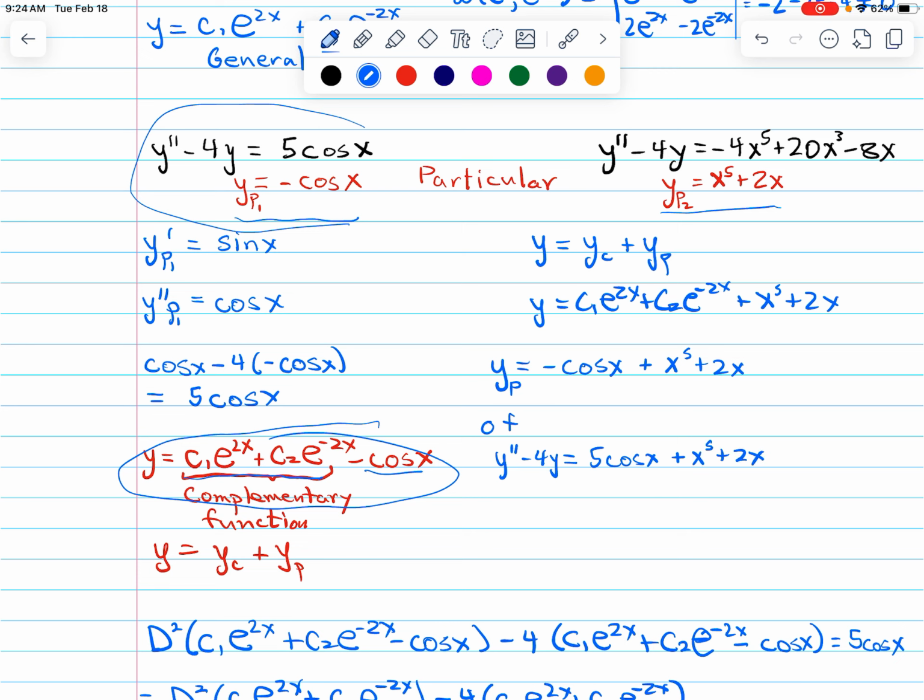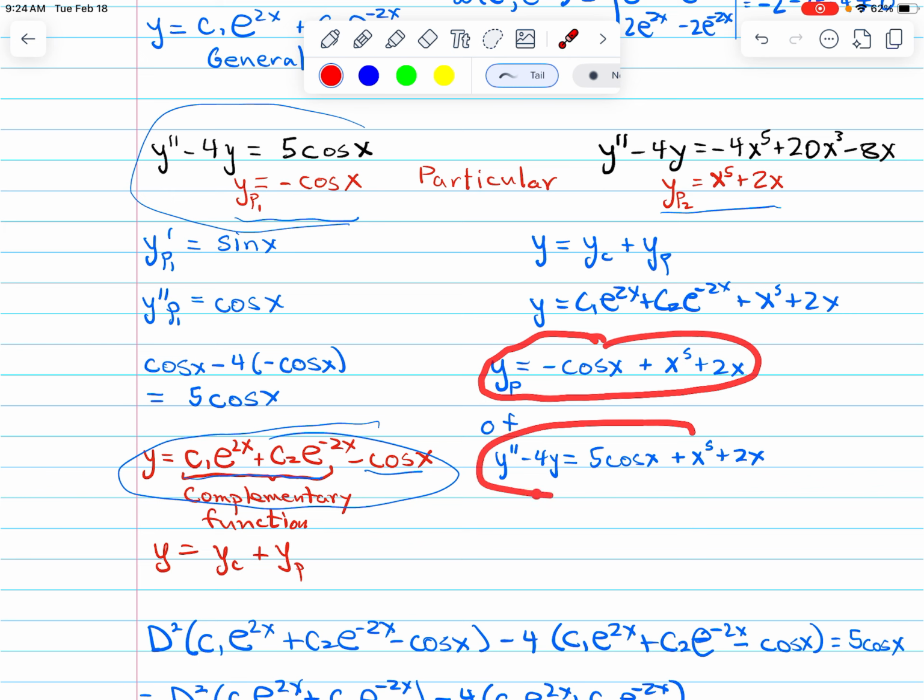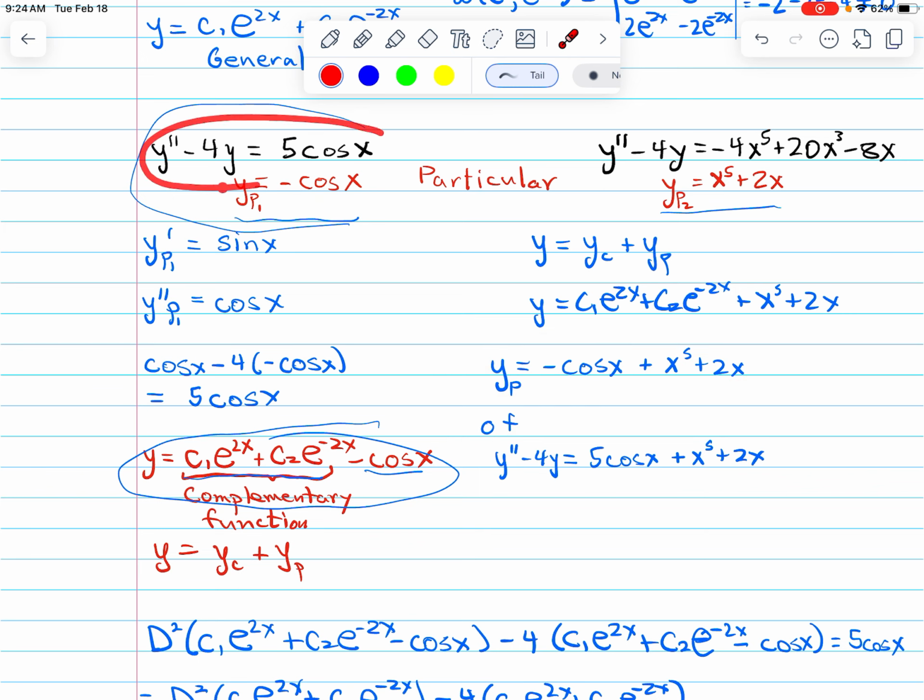So notice this right here is a particular solution for this. And notice what I did. I kind of put these two equations together. I said, here's the left-hand side. It equals this, 5 cosine x, plus x to the fifth plus 2x. Okay? And we say that's a particular solution.